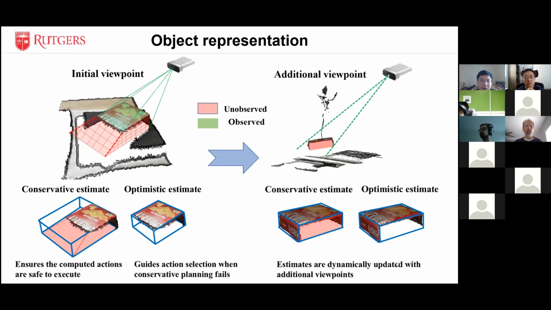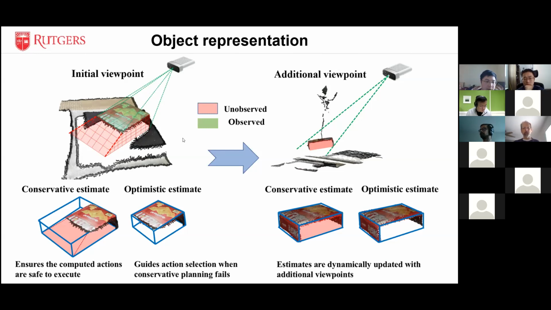For the object representation, in front of the camera's view, there are two categories. One is the unobserved regions, outlined in red, and the other is the observed space, outlined in green. This part is the visible part in front of the frustum of the camera sensor. The object is represented simultaneously by two different forms, the conservative and the optimistic estimate.